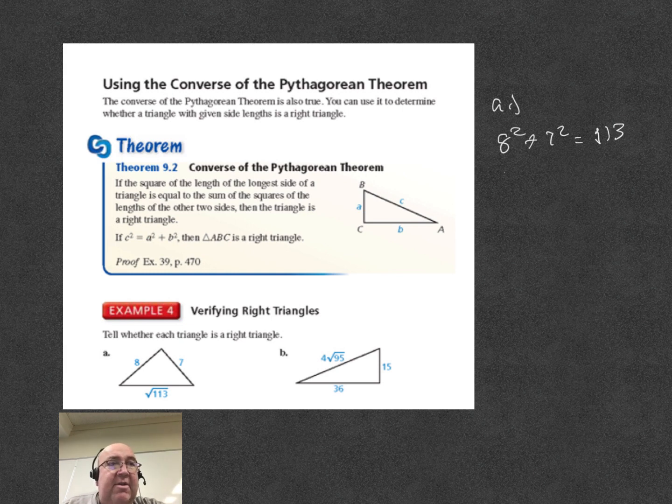So 8 squared is 64 plus 49, and that equals 113, so that's a right triangle.